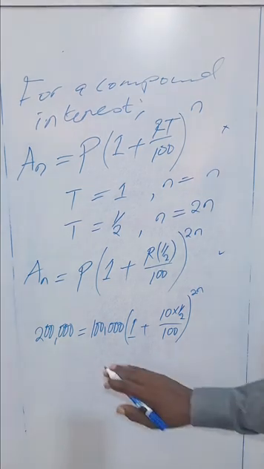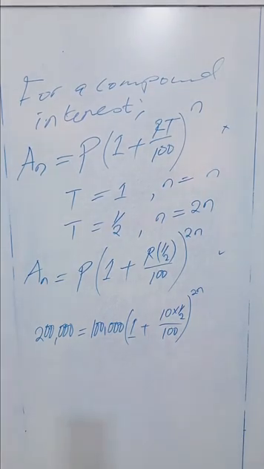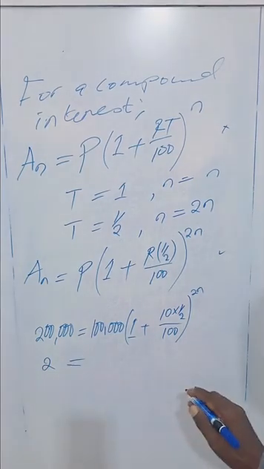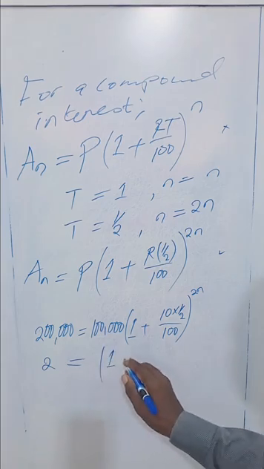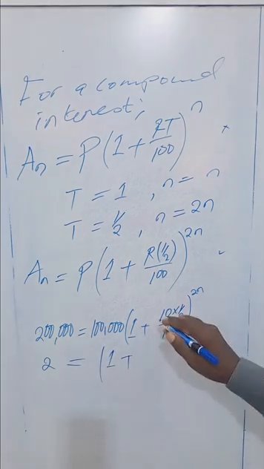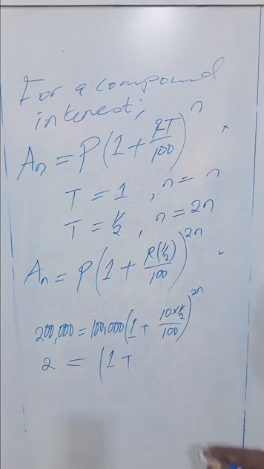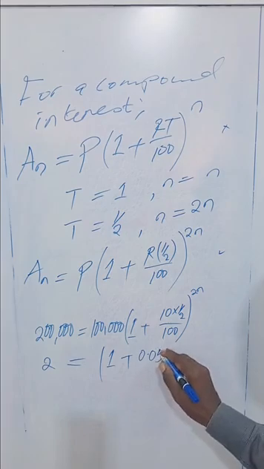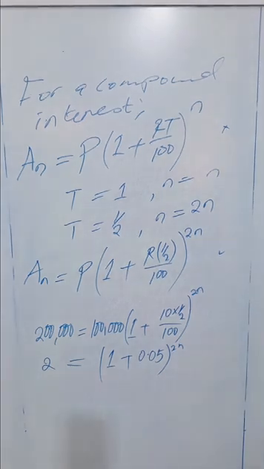I think we can simplify this part by dividing through by 100. Here we shall get 2 to be equal to, we're remaining with the bracket, 1 plus, this one now is 5, 5 divided by 100 will be 0.05, raised to power 2n.